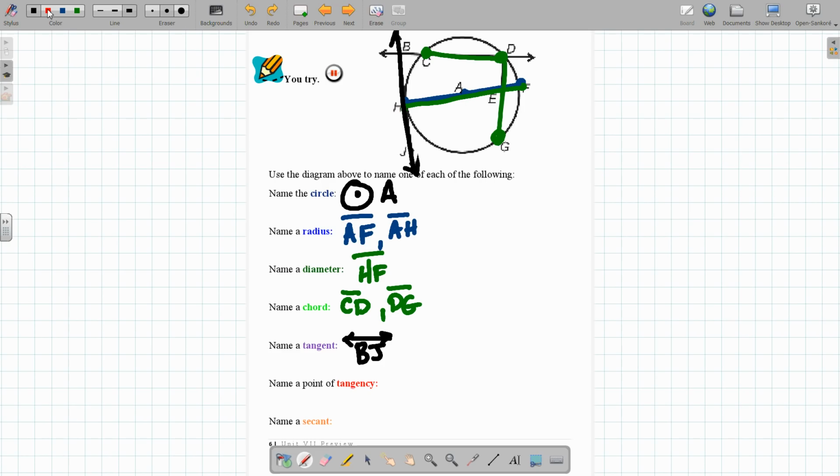And H, of course, is your point of tangency. A secant starts from the outside of the circle and goes through at 2 points. So that would be the line BD, a secant. Check your work. If you were slightly off, make a little note.